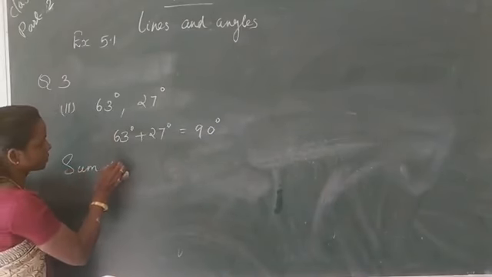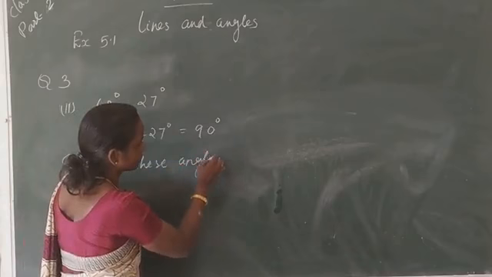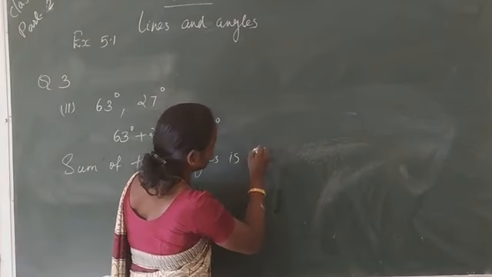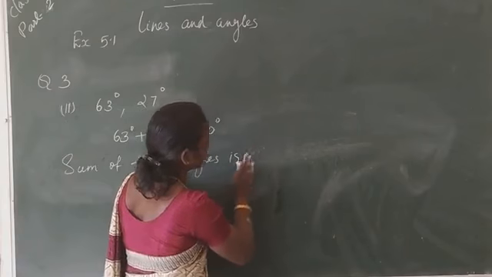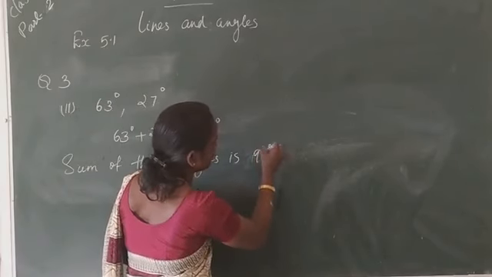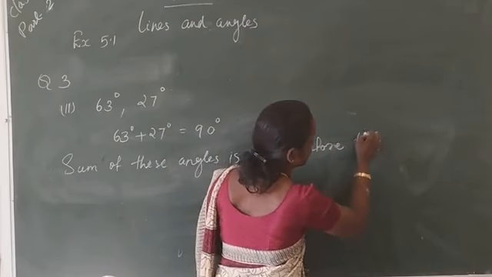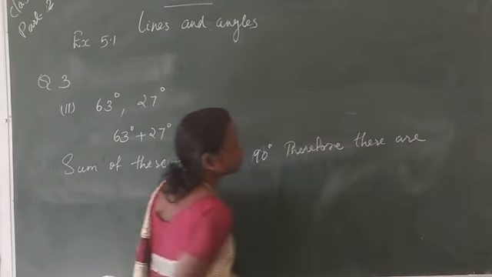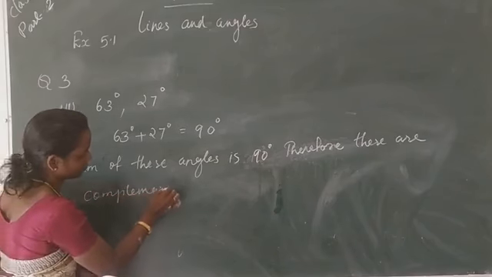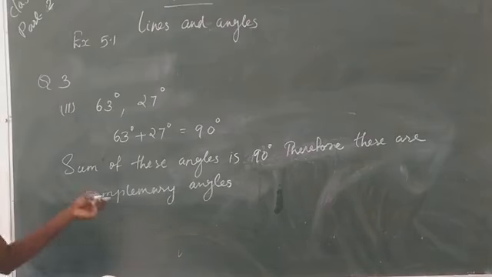We can write that the sum of these angles is 90, therefore these are complementary angles.